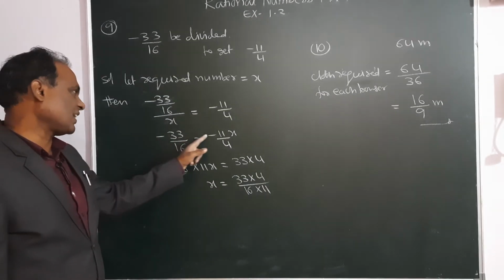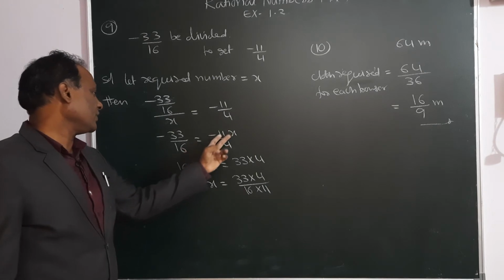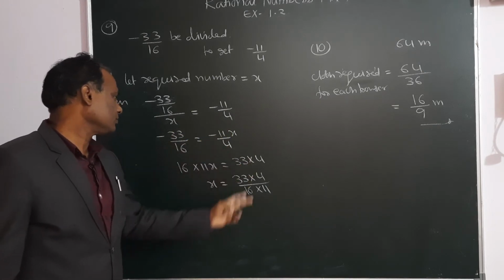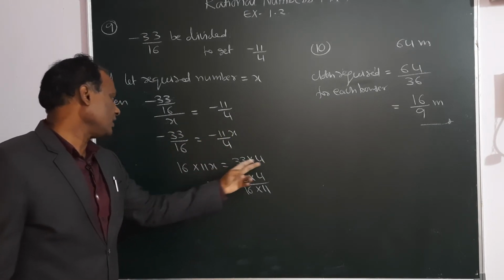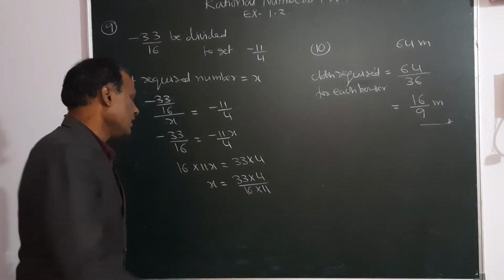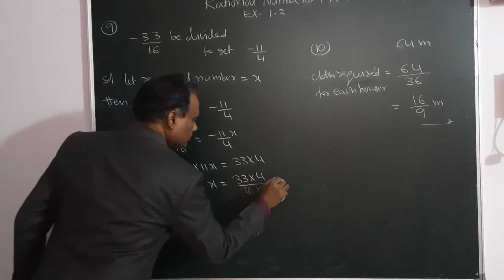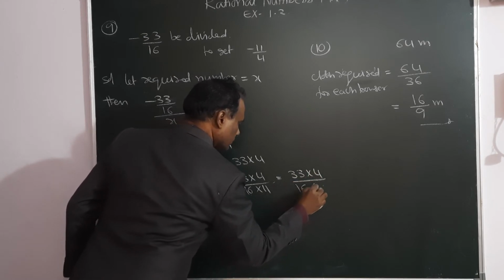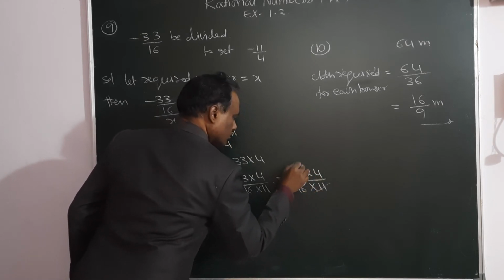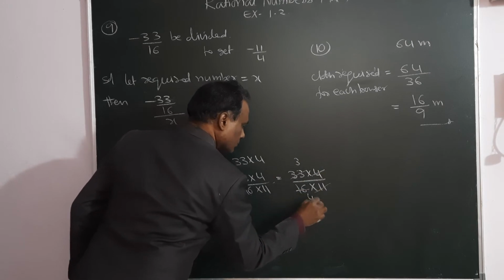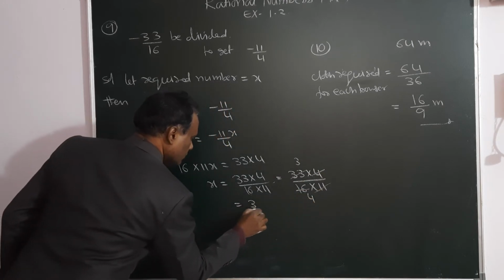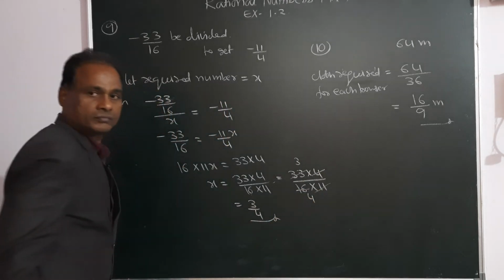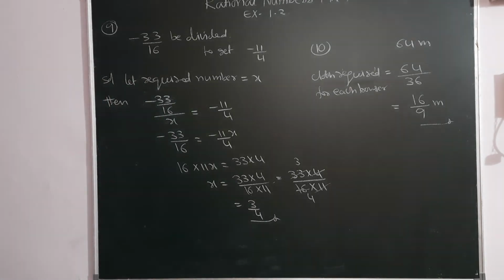Minus minus cancel, 16 into 11x, 33 into 4. x is equal to 33 into 4 by 16 by 11. 11 3 times.